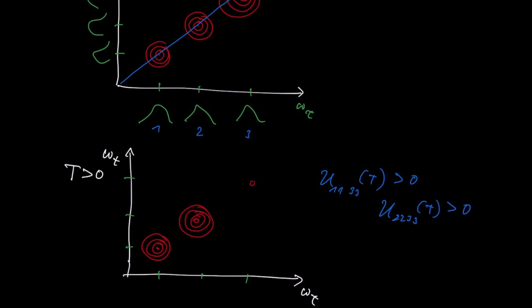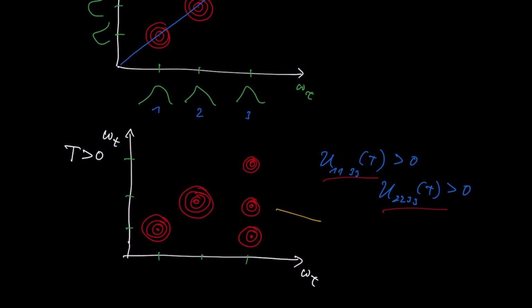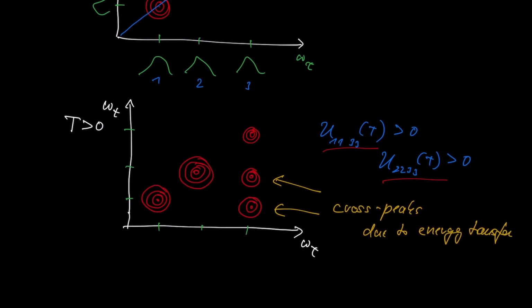We would have less signal here at the top, and we would have some signals here, depending on how large these elements are. So we could observe so-called cross peaks due to energy transfer between states, due to relaxation of energy.